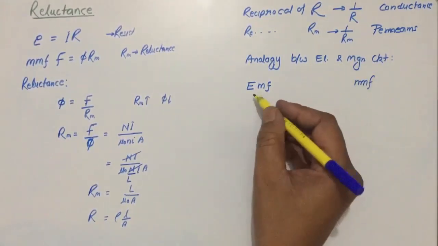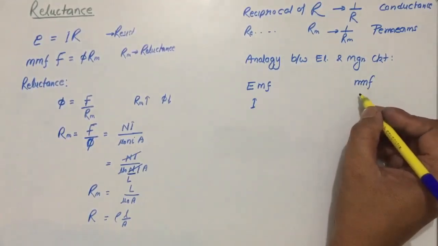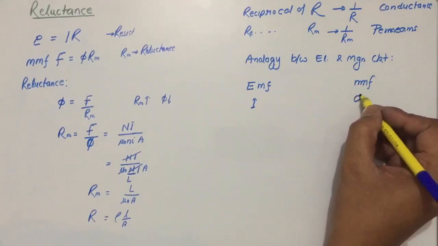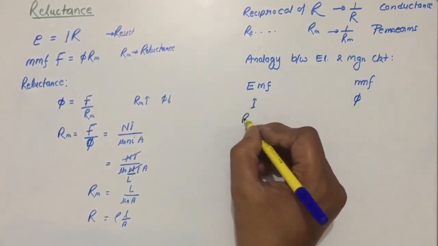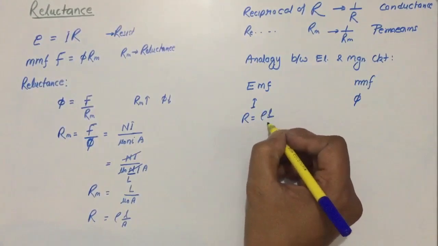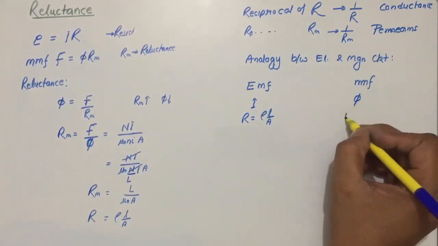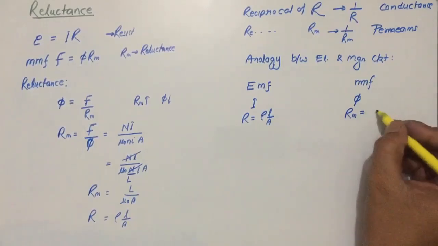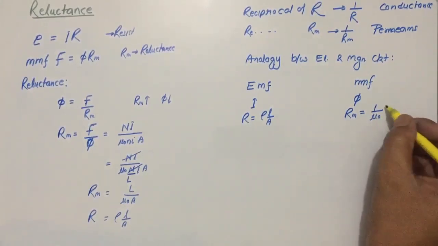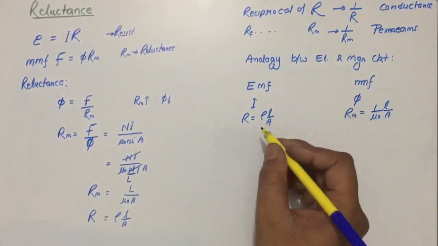Here we have current; the analogous quantity in a magnetic circuit is the flux. Here we have the resistance rho L by A. Similarly, in a magnetic circuit we have Rm, that is, L by mu A. This is reluctance, analogous to resistance.